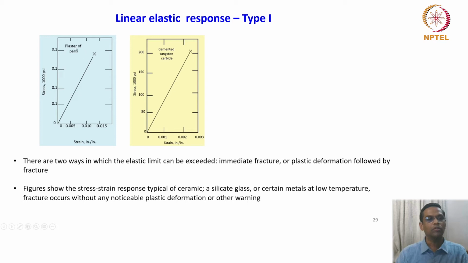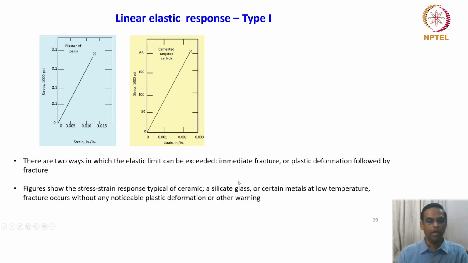The examples I have shown, plaster of Paris and tungsten carbide, are both ceramics. So these systems show very limited or unnoticeable plastic deformation.